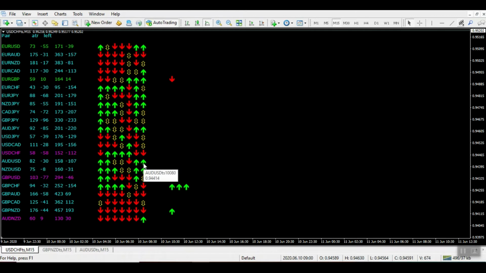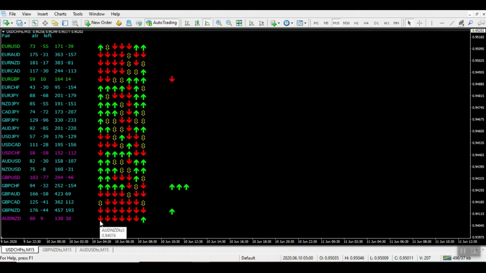What this is doing, this is looking at those arrows on every single chart on these time frames, and it's just putting them here. The important thing to remember is that all these arrows are looking at the 0 bar. In other words, the unfinished bar. In other words, right now.